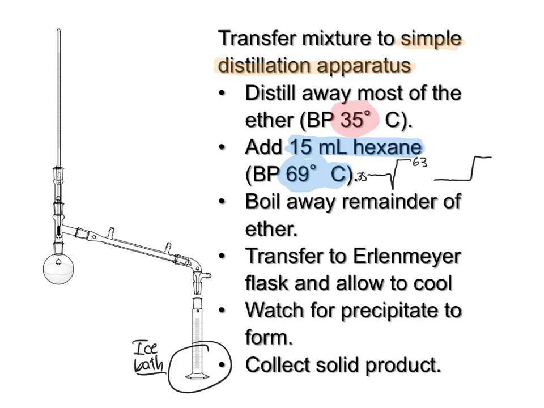But again, we'll transition from 35 to 69, right? That should have been 69. But the temperature will rise, right? So if you see that drop, that's telling you you're running out of whatever was boiling off at 35. If you see a sudden rise, that means the higher boiling thing is starting to come out. Either of those are indications that you have boiled away the remainder of the ether, and what you're starting to remove is the hexane.